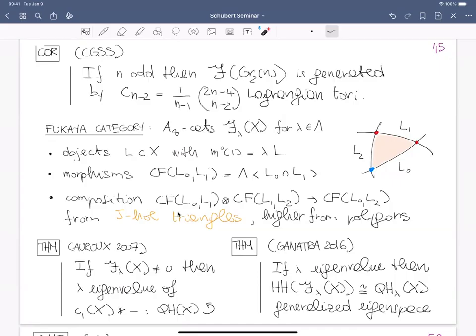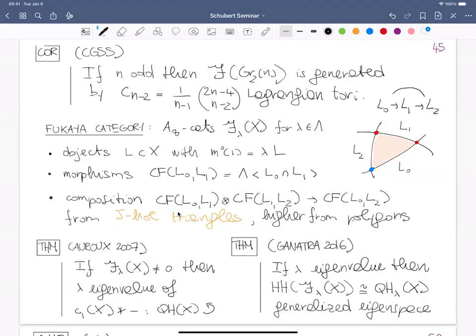In a Fukaya category, just like in any category, you have some composition law. That means that if you have three Lagrangians that form a triple that intersect, let's say L0 and L1 intersect here, L1 and L2 intersect here, L2 and L0 intersect here, then these intersection points give you morphisms between L0 and L1 and between L1 and L2.